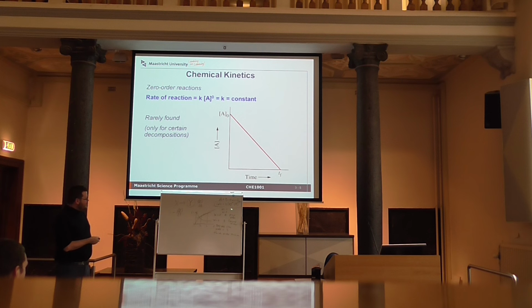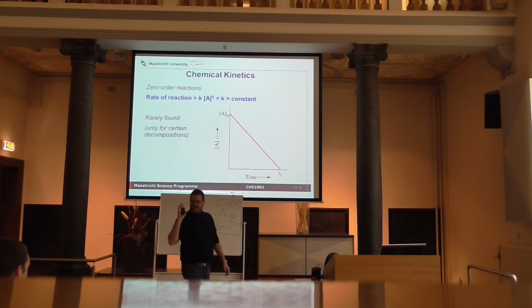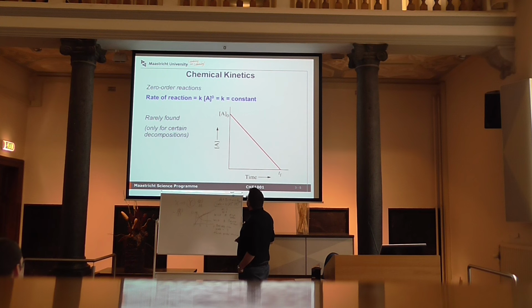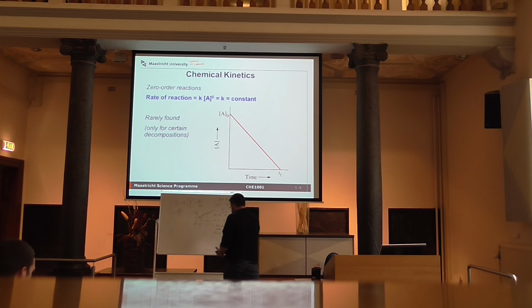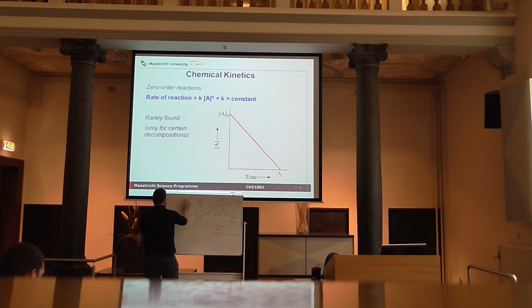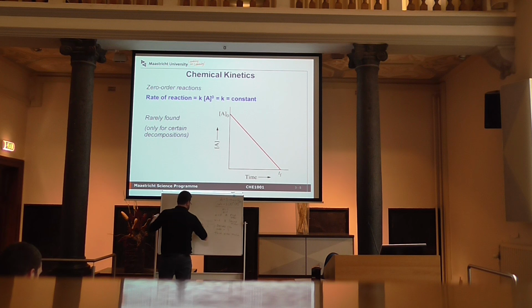This is quite a complicated transformation because it involves 2 reagents. Let's look at a simpler case where we just have one reagent, A going to B, or X going to Y, it doesn't matter. A going to B. Okay, let's write that down. A simple reaction involving just one reagent.